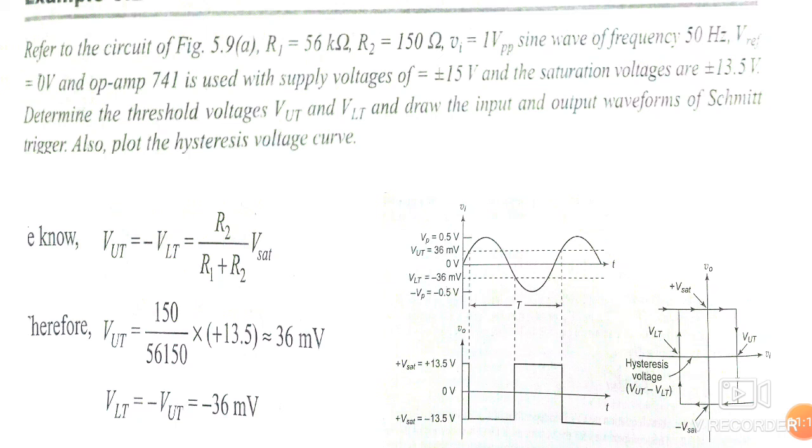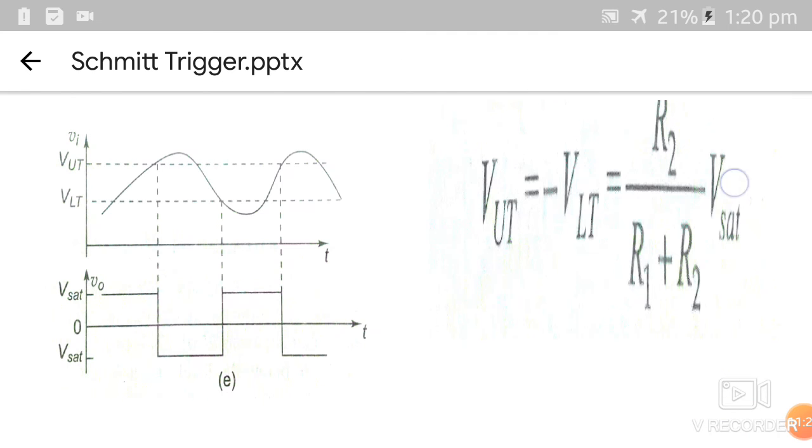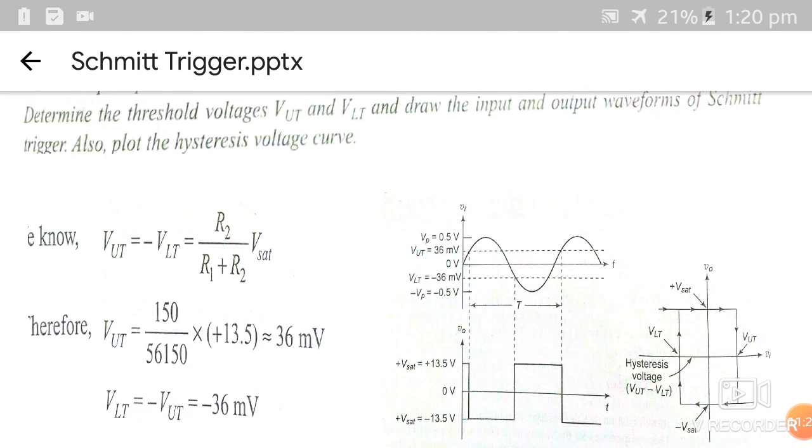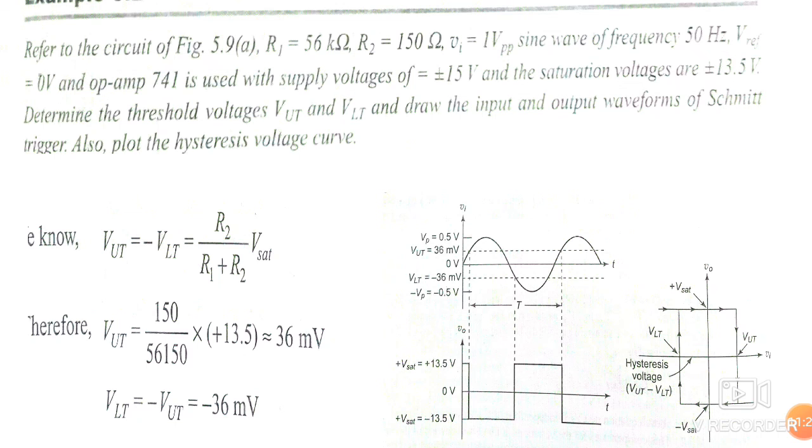V reference is equal to 0 volt here, and the operational amplifier is 741 used with voltage supplies plus minus 15 volt, and the saturation voltage is 13.5 volt. You have to calculate its VUT and VLT and draw the input output waveforms of the Schmitt trigger. Also plot the hysteresis voltage curve.